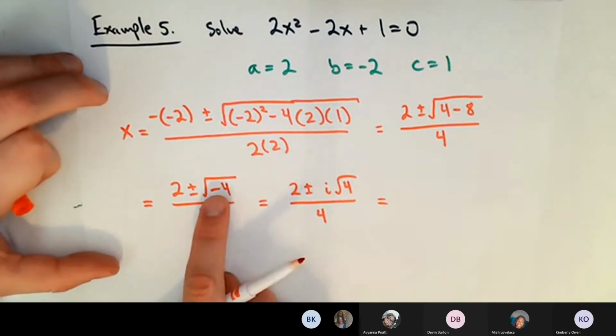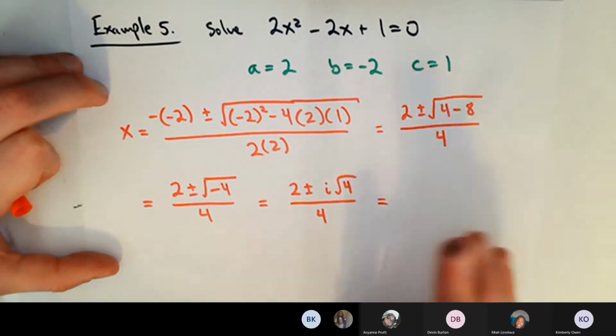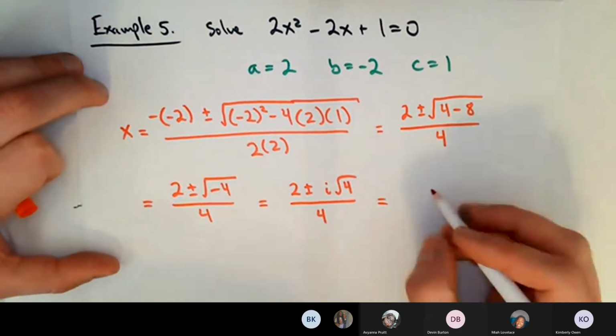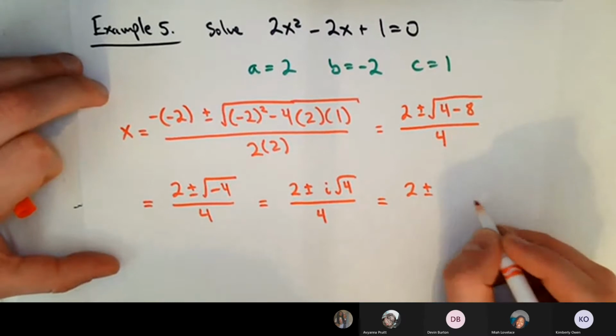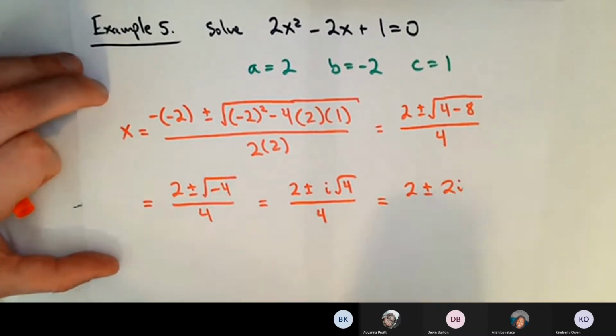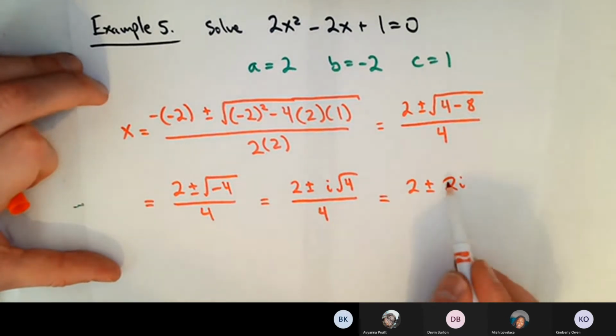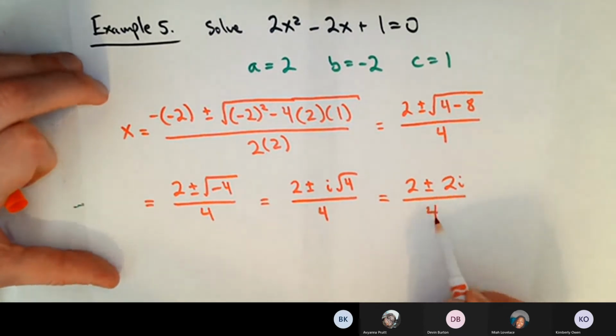Just dealing with that negative under there. Now, square root of 4 simplifies all the way to a whole number, right? So now I'm getting 2 plus or minus, I'm going to say square root of 4 is just 2, so I'll say 2i, because remember when it simplifies to a whole number, we like to write the number on the left of i.